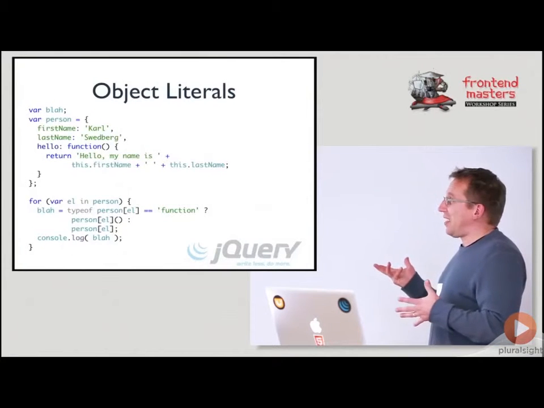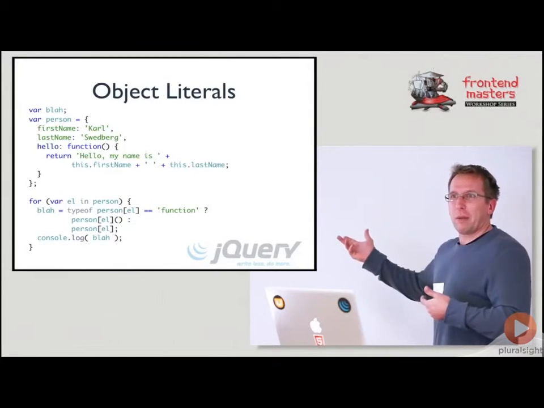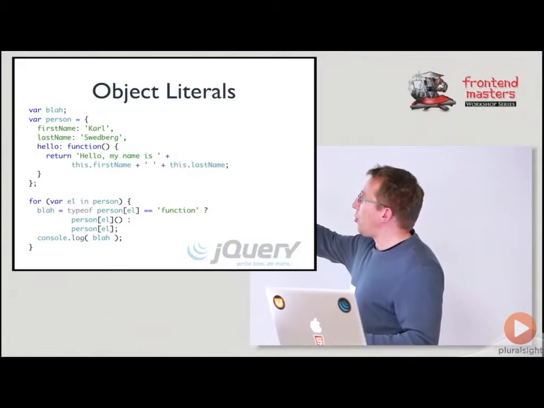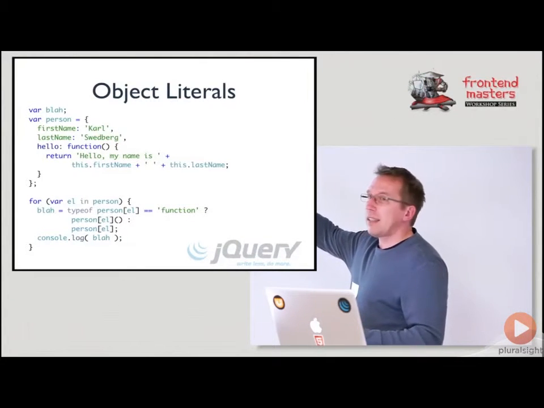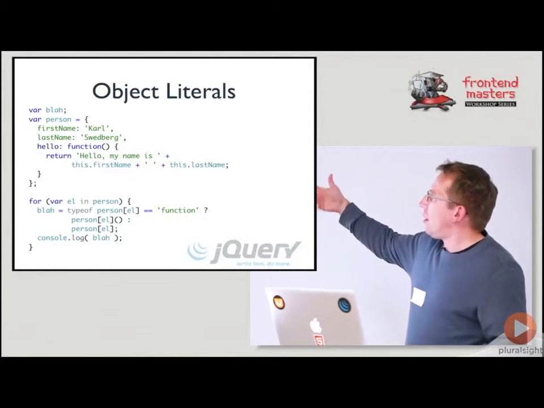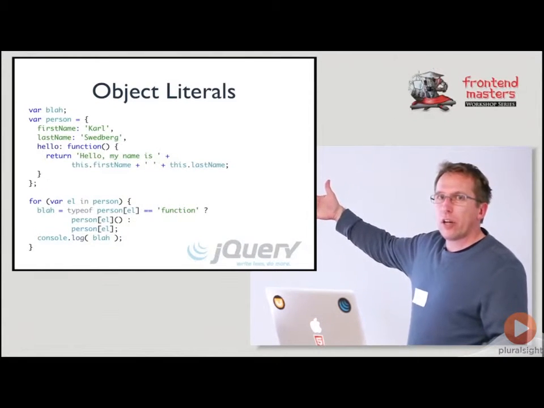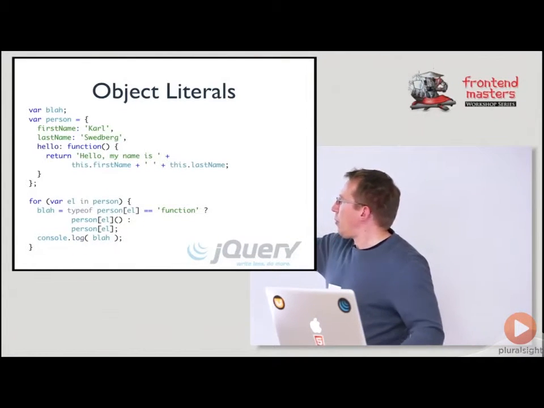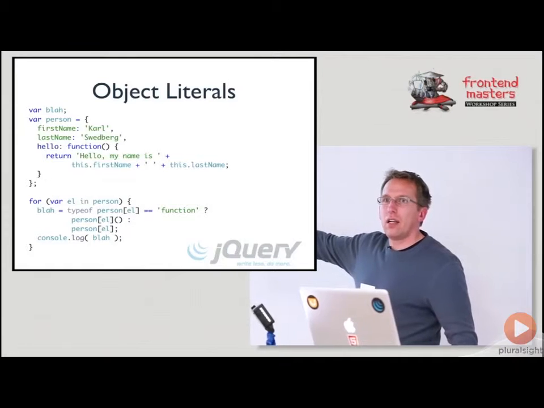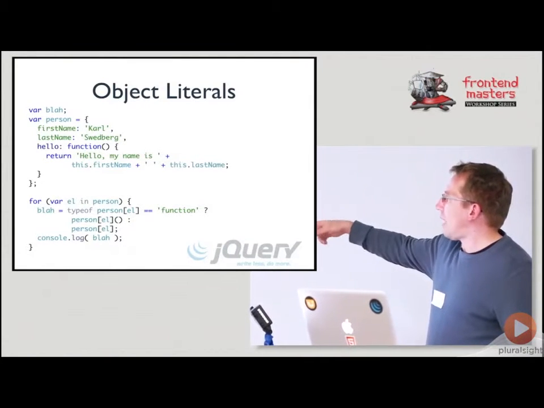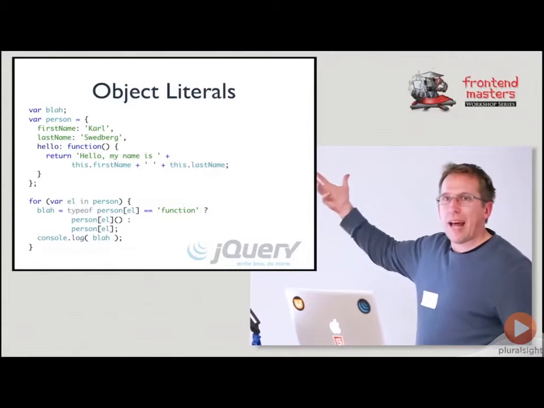So then it gets kind of cool for the more advanced people here, right? Because now you can loop through this object, and you can say, depending on what type of value it is, we're going to do something different with it. If it's a function, then we're going to call the function. Otherwise, we're just going to set it to be that thing.